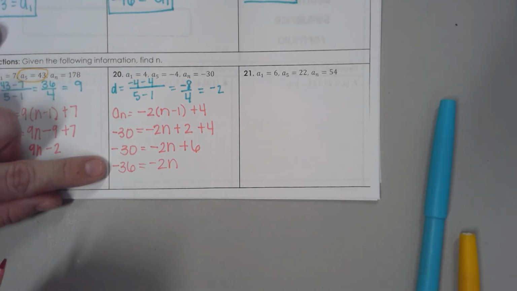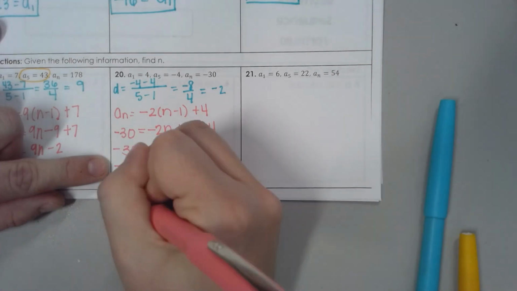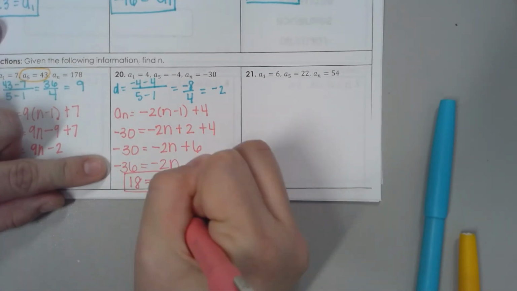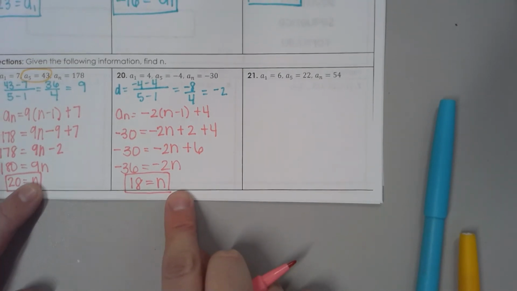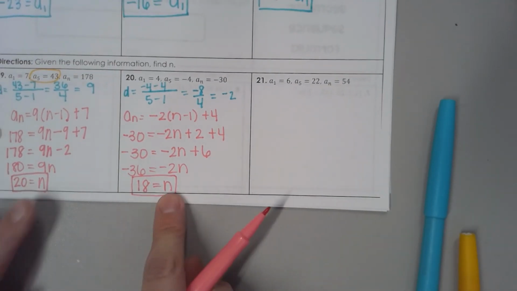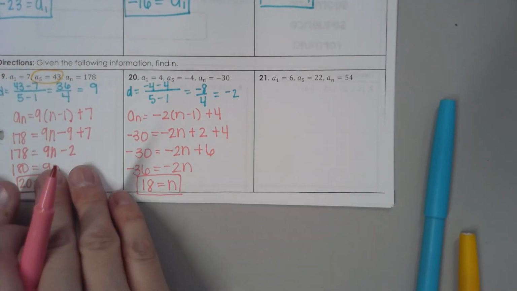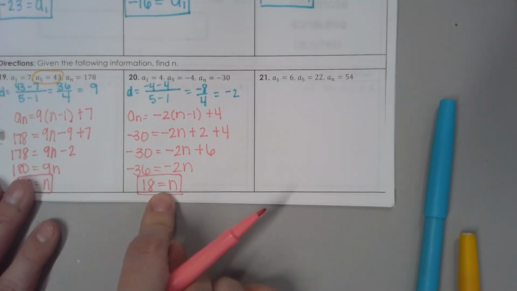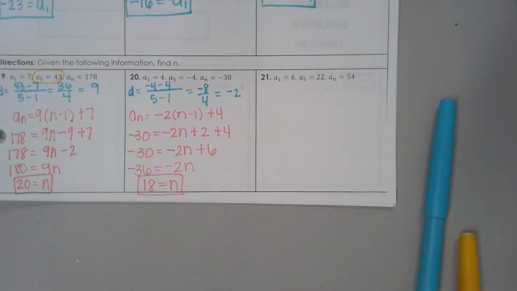And then if I divide by negative 2, I get 18 equals n. On these questions where you're finding n, you're finding what number term, it would not make sense for you to have a decimal, and it would not make sense for you to have a negative number. So if you get a negative or a decimal on these specifically, where you're looking for n, you probably messed up somewhere. I want you to do number 21.